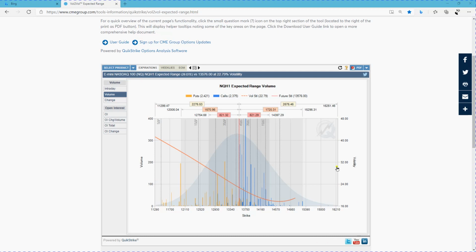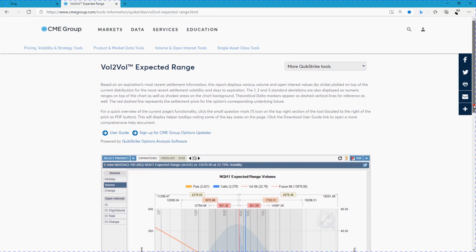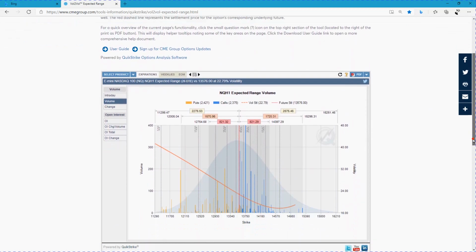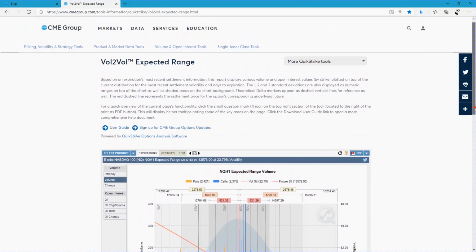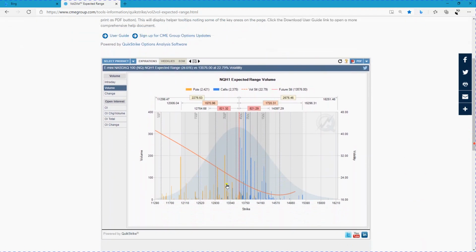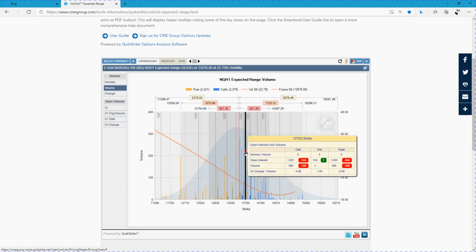So these quick strike tools are at the CME website. You can just register and get access for this. And I use the ball to ball expected range tool a lot to get an idea of if there's any strikes that stand out, like this ginormous level at 13,750.